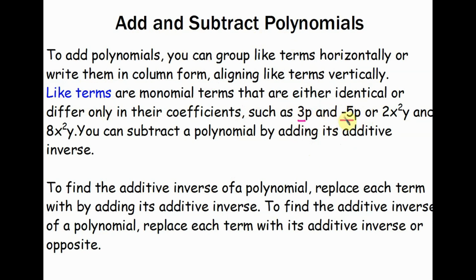So 3 minus 5, you will get negative 2, and at the end, you will just put the same variable. Another example is 2x squared y and 8x squared y. Both terms have x squared y, with different coefficients. So if you are adding them, you'll just be looking at the coefficients. 2 plus 8 becomes 10, and you put x squared y at the end.